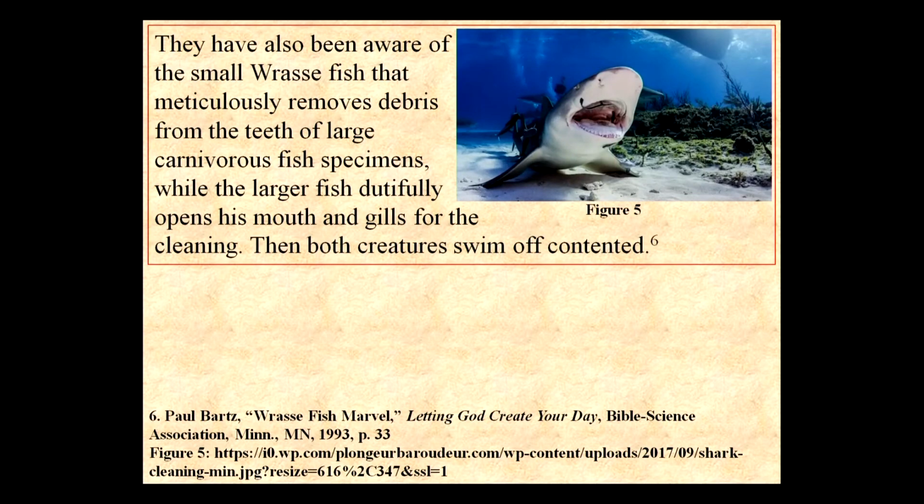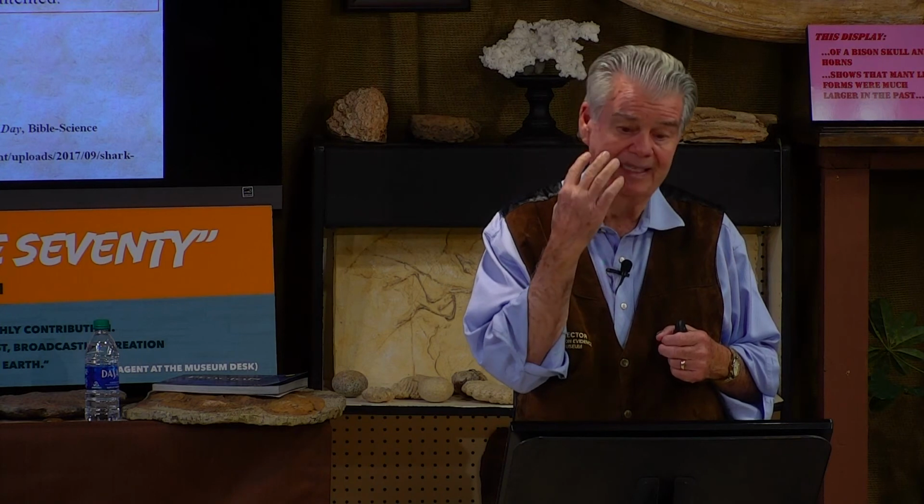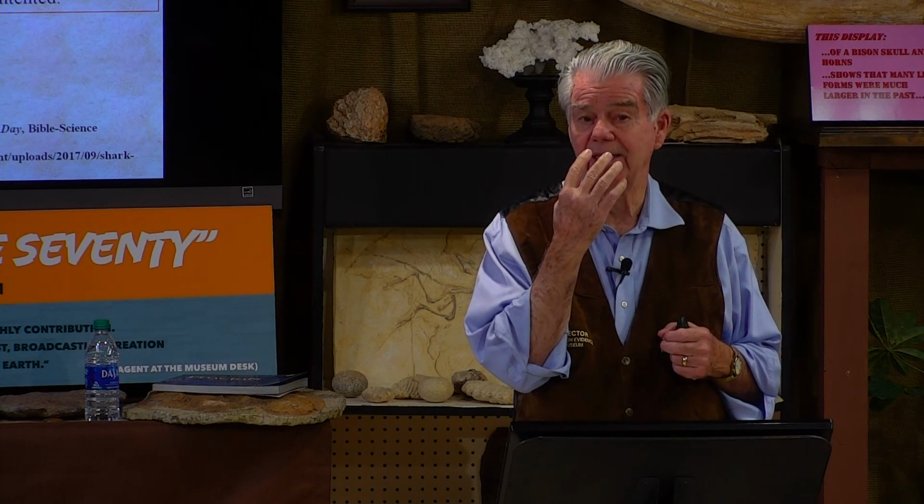Here's another mutually beneficial illustration. It's the Rossi fish. The Rossi fish likes to eat chunks of meat on shark's teeth and barracuda teeth, but he doesn't dare get around until the shark or the barracuda has so much debris from eating something else that he wants it clean.